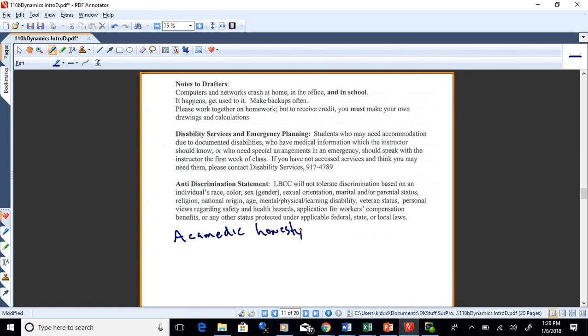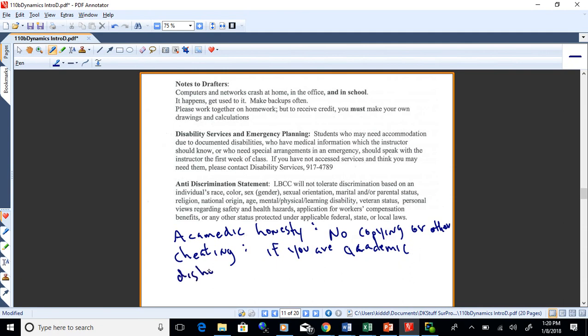And basically what that says, you can read through that, but it says that no copying or cheating, okay, is what my academic honesty policy says. And if you are academically dishonest, which means you're copying someone, which is a form of cheating, or doing any sort of cheating, you get a 0, okay, for whatever it is you're doing.